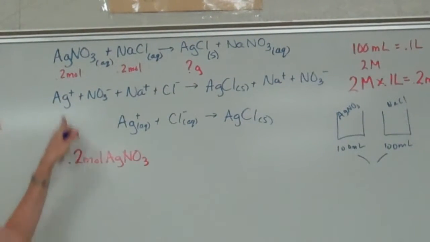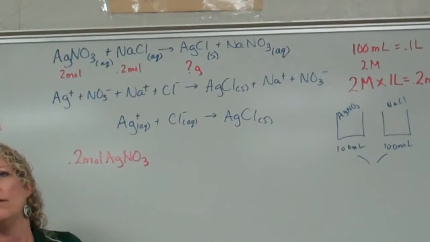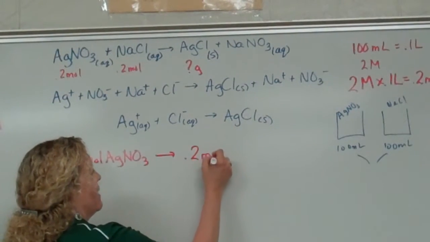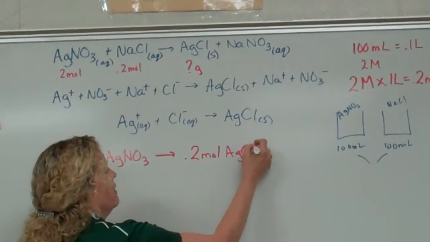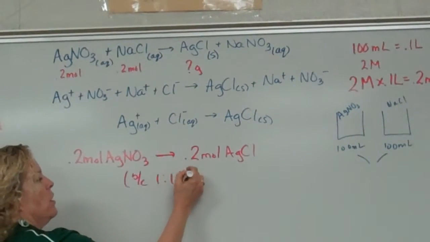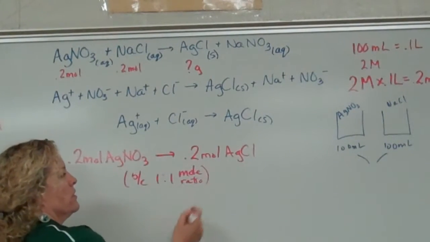If you started with 0.2 moles of silver nitrate, how much silver chloride would you make? 0.2. You are allowed to do that kind of simple calculation in your head. We did that so quickly because there's a 1-to-1 mole ratio, right? That's why we were able to do it.